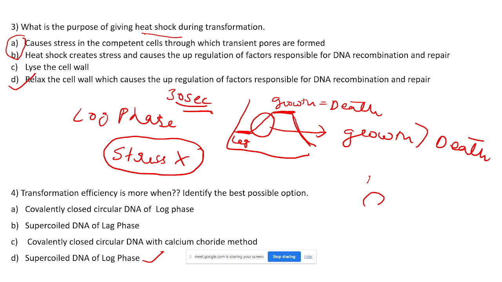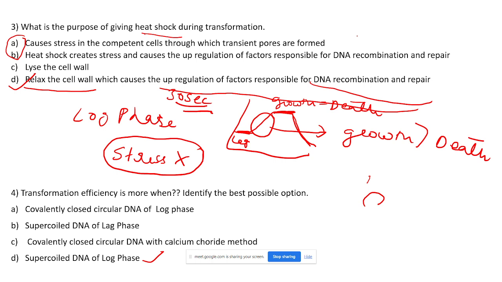You have to understand two things. I have written it in one sentence, but they are two different things. It relaxes the cell wall, and there is upregulation of factors responsible for DNA recombination and repair. It is different. Because it is a shock, you are giving a shock to the cells, so there will immediately be a mechanism for repair, for whatever damage is happening because of the shock.